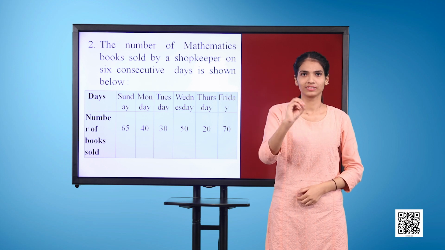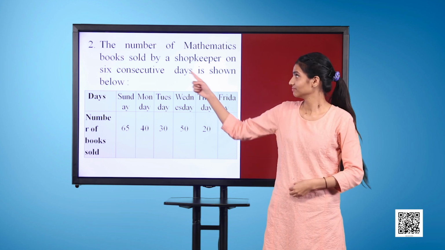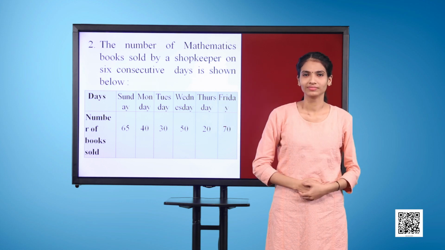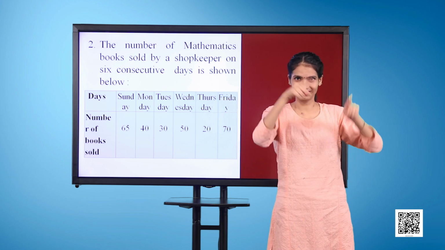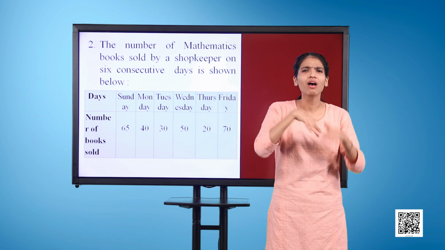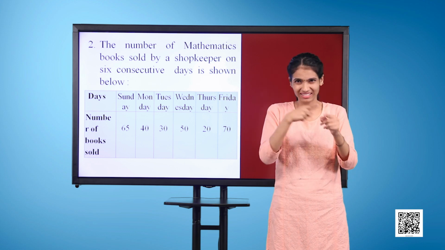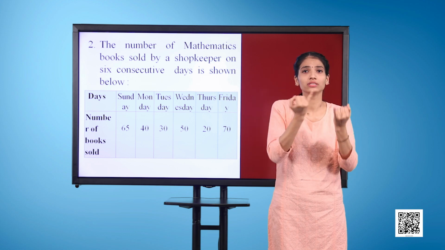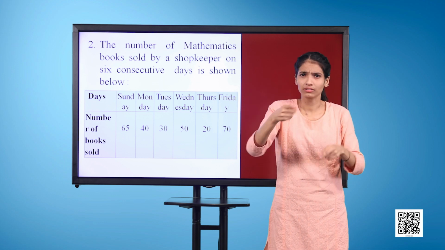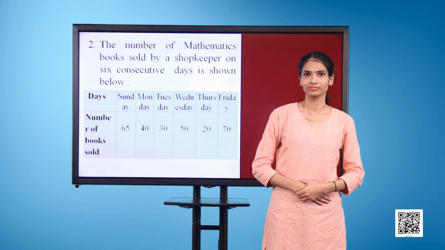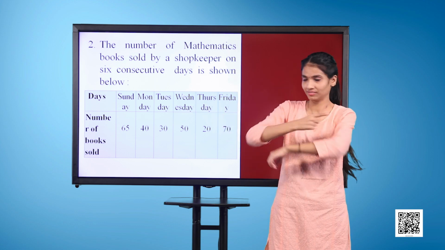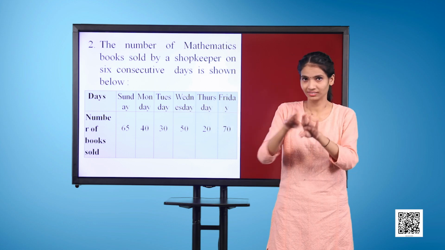Page 203. 2. The number of mathematics books sold by a shopkeeper on 6 consecutive days is shown below. Days, number of books sold.